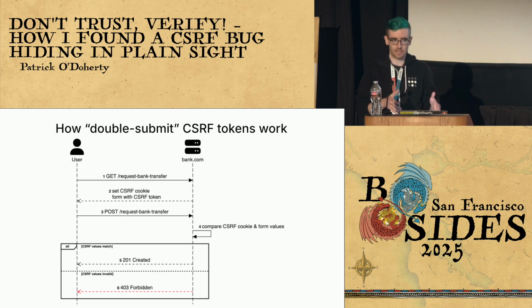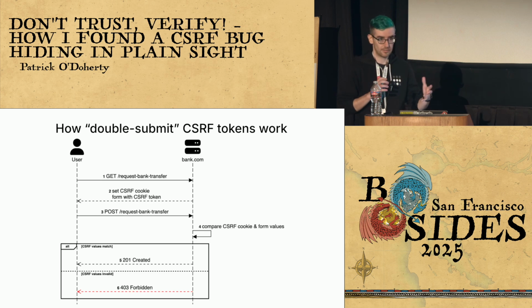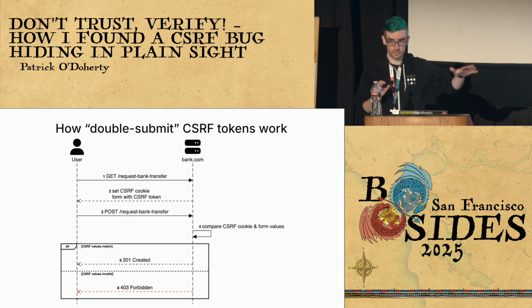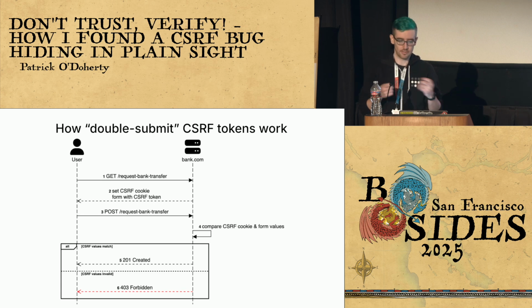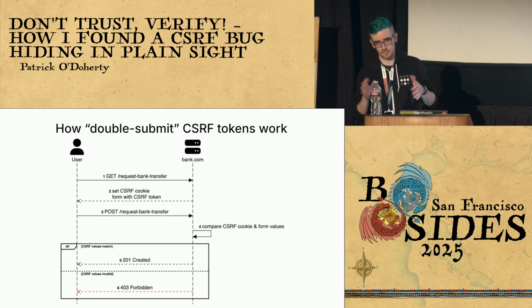And then subsequently, for every post request, the server requires that the client send a valid and matching cookie and form input value. And if either of those two things aren't present, or if they don't match, then the request is rejected. And so this is how the double submit name comes to be. Two places where the same bit of information is relayed.